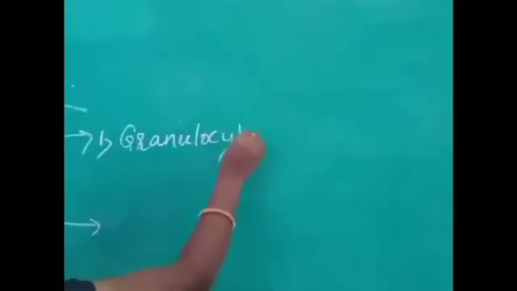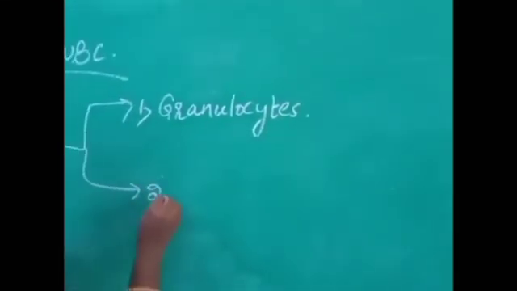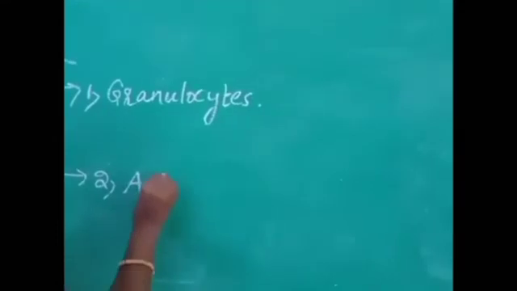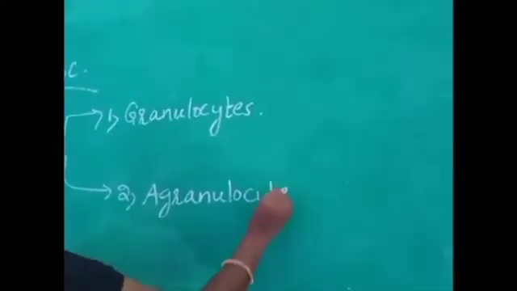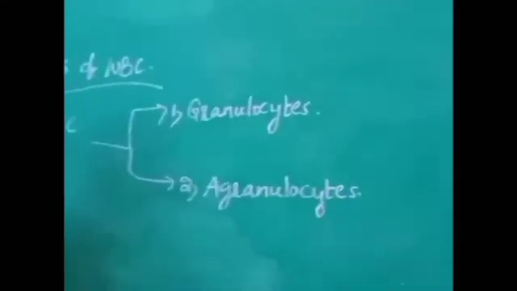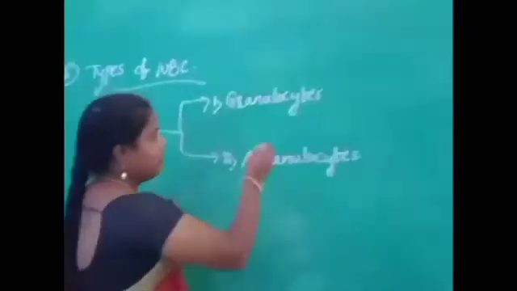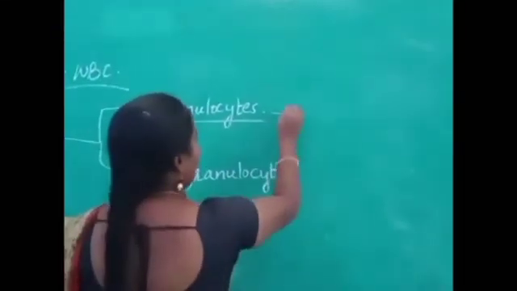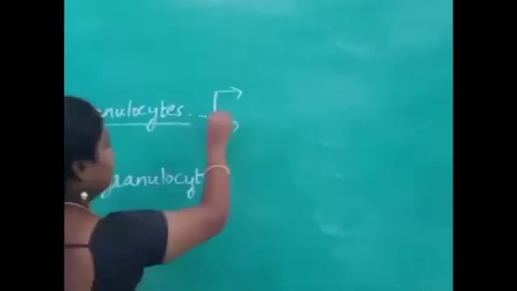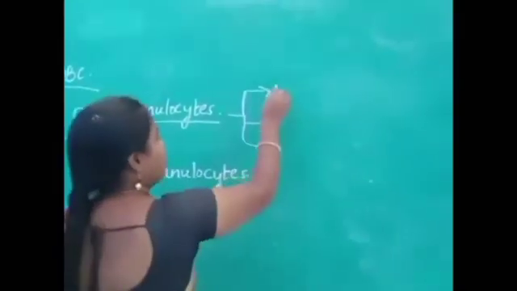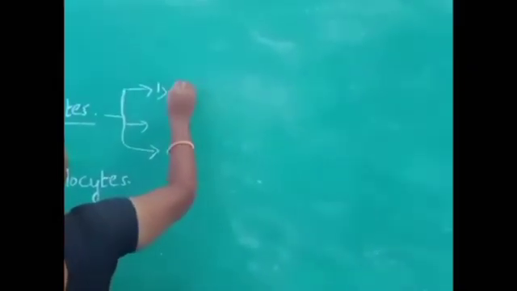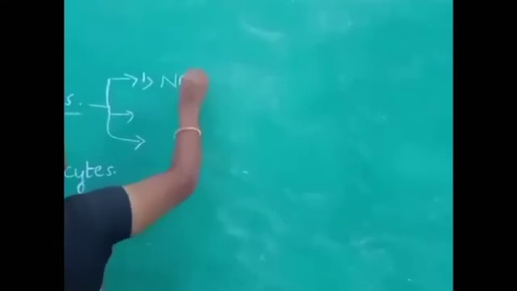First one, granulocytes. Second one, agranulocytes. The granulocytes are also classified into 3 types, which we already discussed in the previous class. First one, neutrophils.